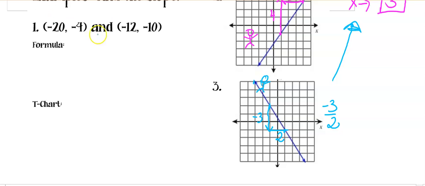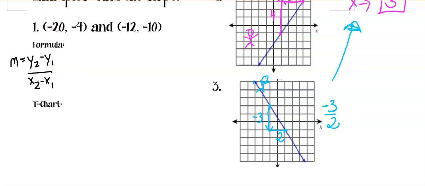So the first thing I'm going to do is write out the formula right here. And I would like y'all to write it out as well. Now, this little 1 and 2 are just names. They're just subscripts, okay? So now we're actually going to plug our points in. When I have 2 points like this, I automatically label them.